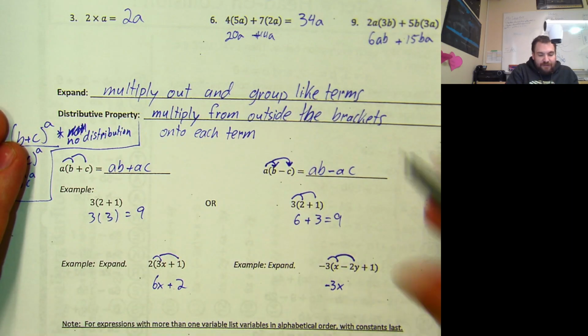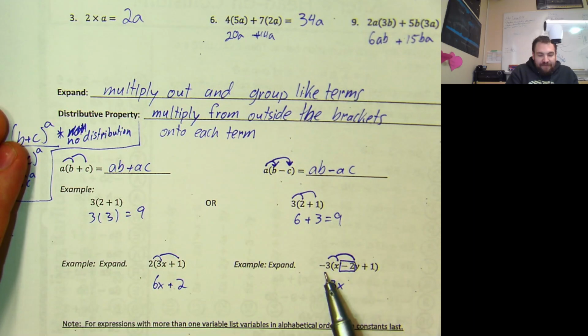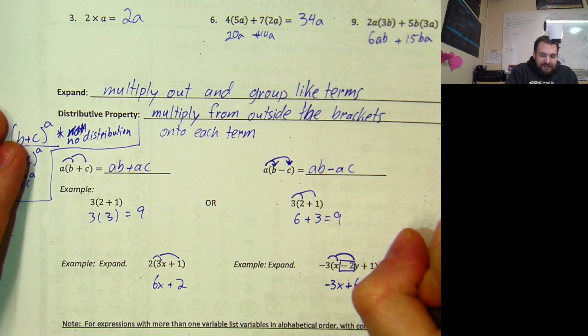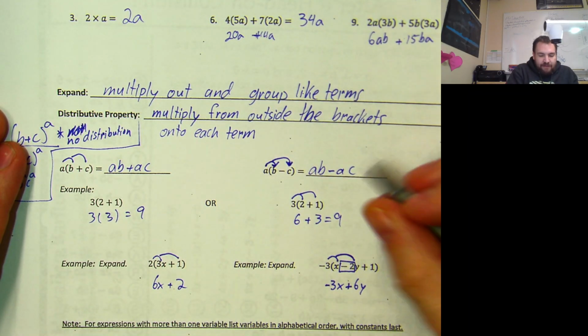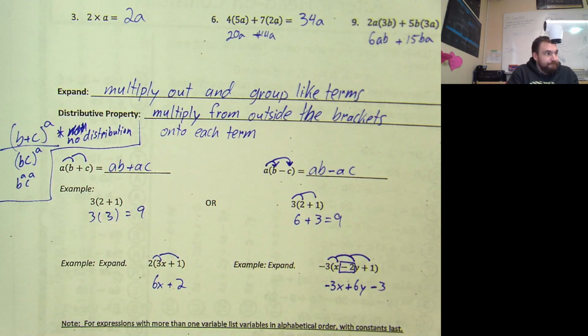If you include the sign out front as part of the coefficient, it's going to be negative 3 times negative 2y, which is going to be what? Positive 6y. So that becomes plus 6y. And then last one? Which is? Minus 3. And so we're done. Cool?